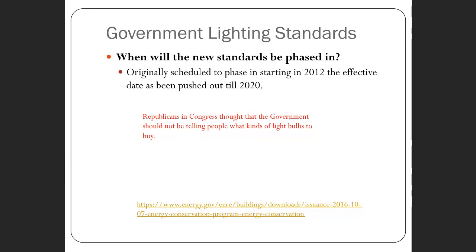But like anything with the government, right, things tend to come and go depending on which party is in power. I think when I did this slide a couple of years ago, the Republicans were trying to slow down some of these lighting standards because they thought the government shouldn't be telling people what kind of light bulbs to buy.